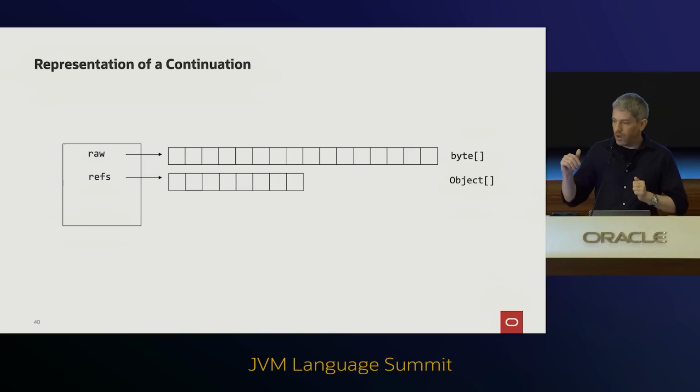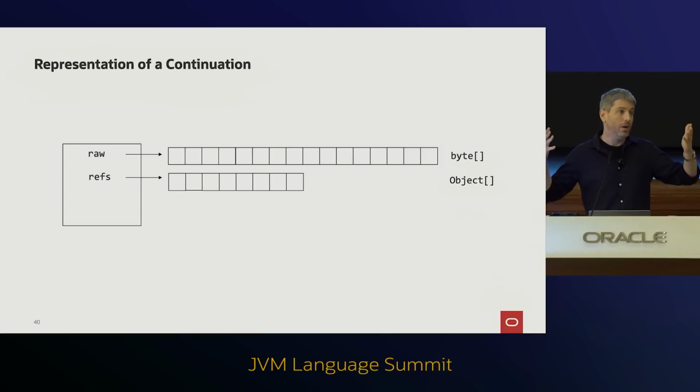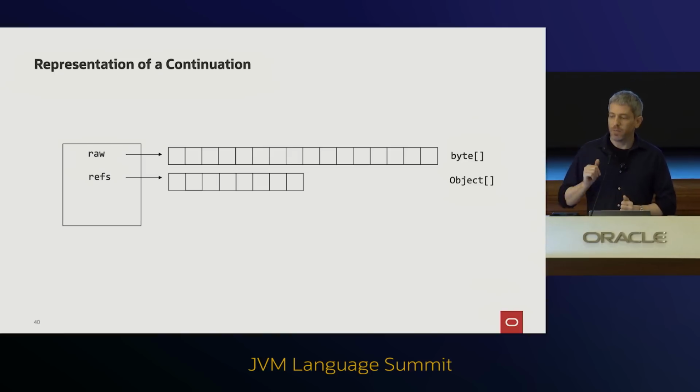The GC knows the object array is stable, right? All the cells inside an object array always contain oops. The GC knows about that, so that's not a problem. And when we want to thaw a frame, we copy it from the byte array and then patch back in the oops from the object array, because those are the ones that have been fixed by the GC.